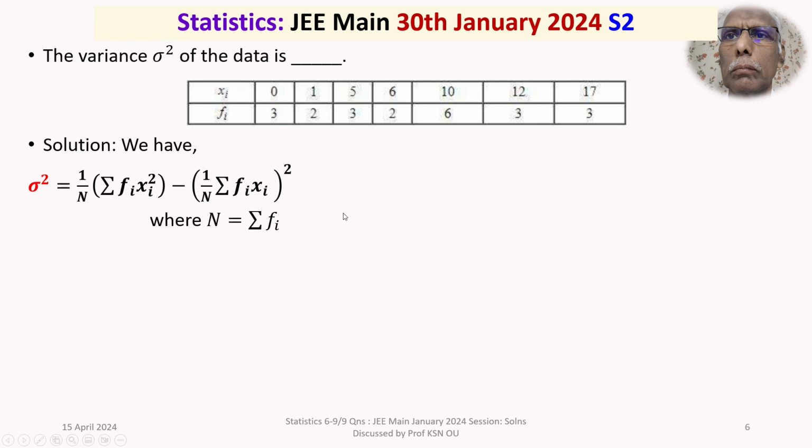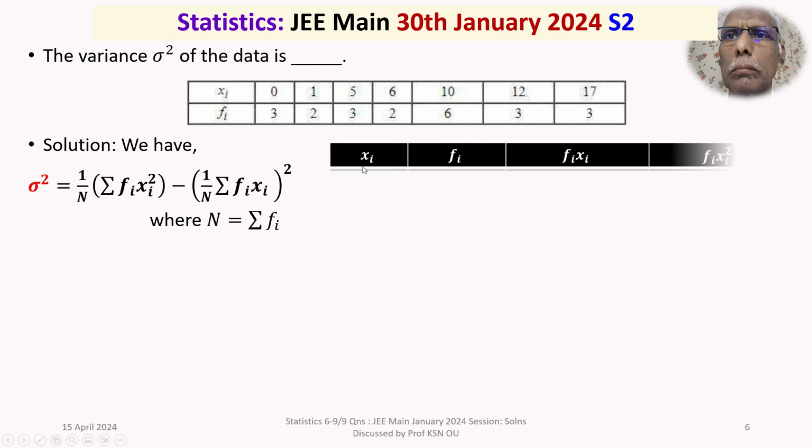For this, we will have our own table. The observations Xi's, the corresponding frequencies, and we compute Fi Xi multiplication, and the next one is Fi Xi square. So the Xi's are 0, 1, 5, 6, 10, 12, 17, and under Fi's, 3, 2, 3, 2, 6, 3, 3.